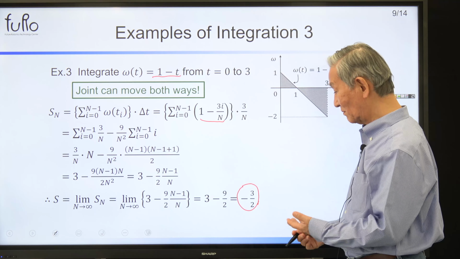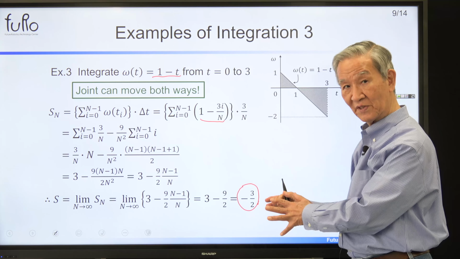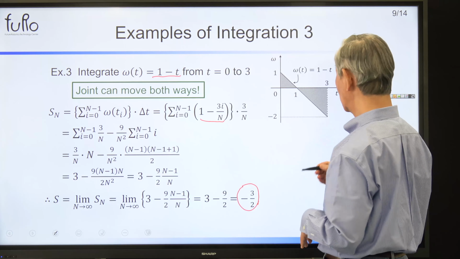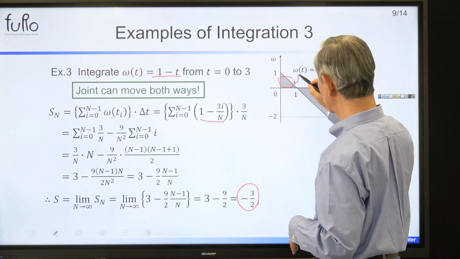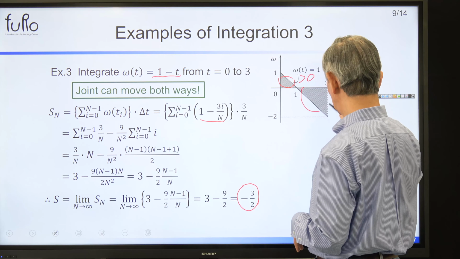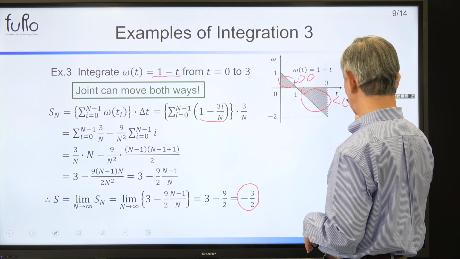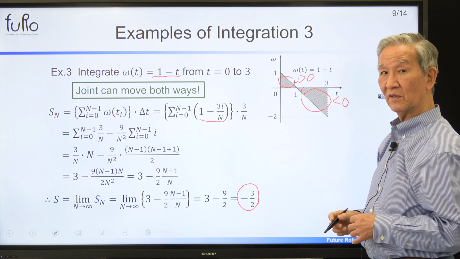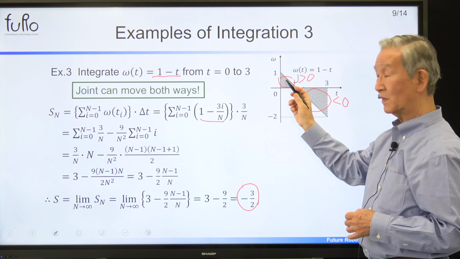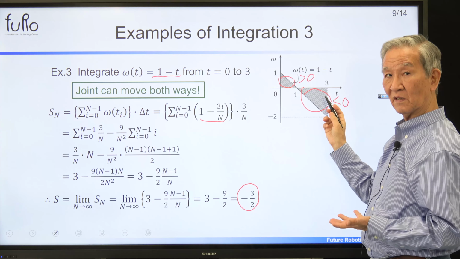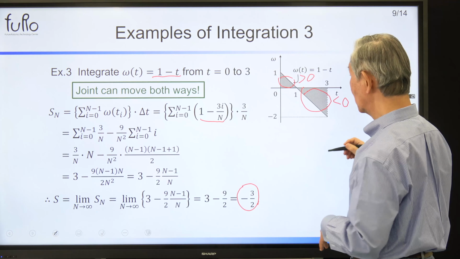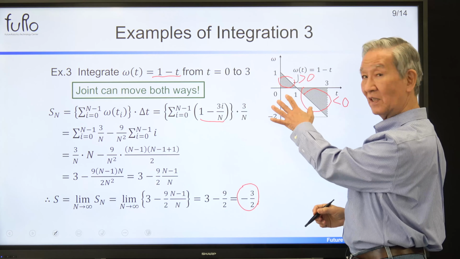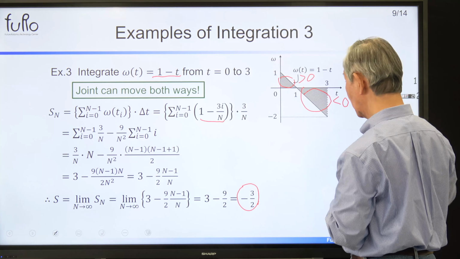So what does this number represent? What do you think that is? Well, if you look at this one here, this part is on the positive side, this part is on the negative side. So the area of this one here is positive, the area of this one here is negative. So let's add those two areas considering the positivity and negativity.